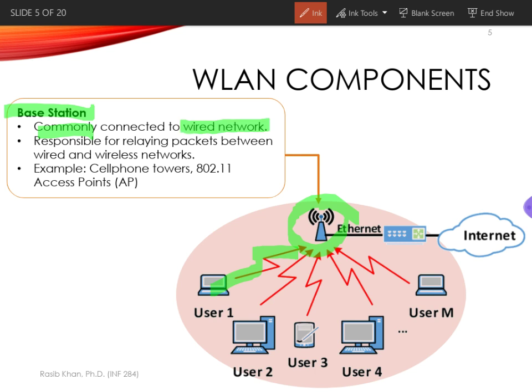That means that you are essentially connecting to the internet through the base station. It's not only wireless routers which could act as base stations. Cell phone towers can also be base stations. You have home access points. They are also referred to as base stations or, commonly, as access points.